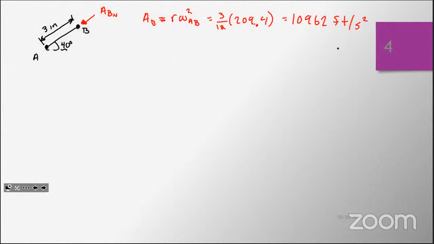We can break this down into X and Y components. Right? So you're looking here, right? I can have ABY and ABX. So I can break this down into X and Y components. And we're going to do that. Why would you want to do that? Well, everything's going to be measured from this XY coordinate system, right? So I need to know what portion is in the X direction and what portion is in the Y direction, right? It's important for us to know this.